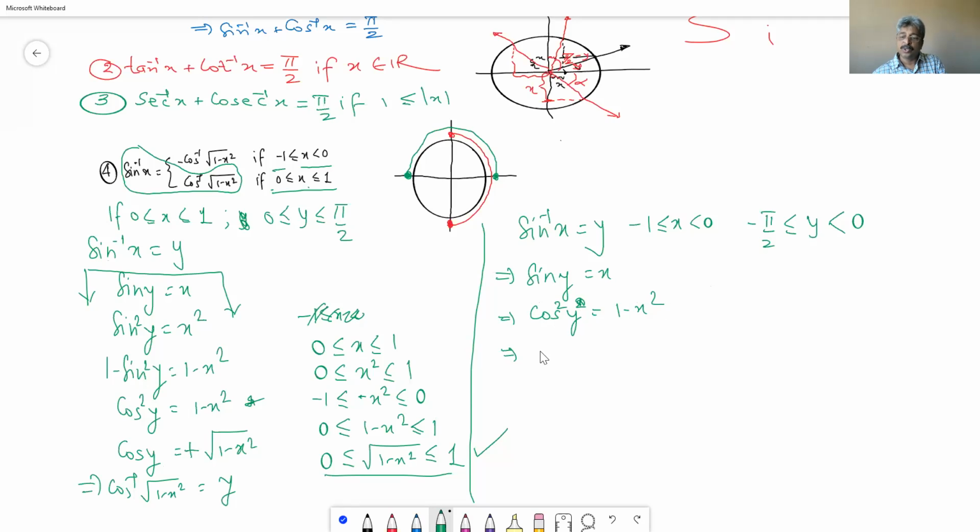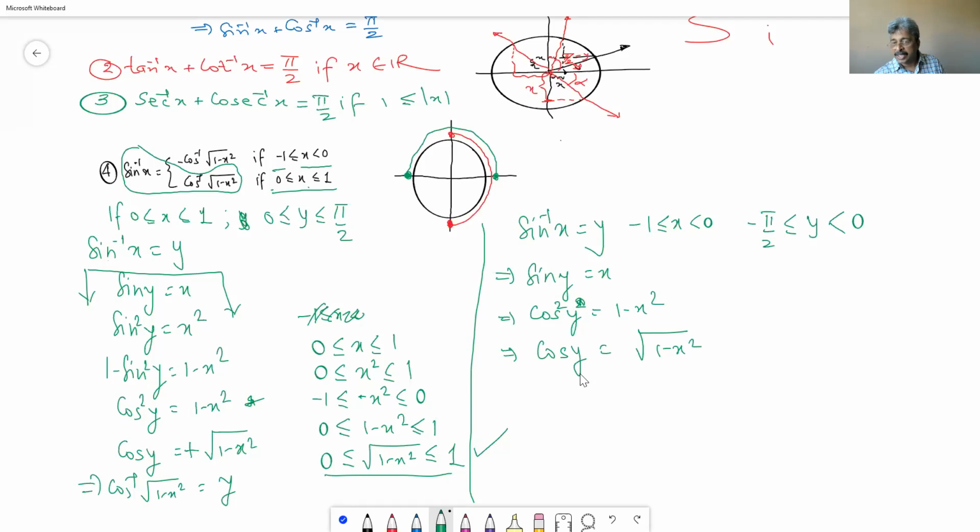Now if I wish to take cos y, square root of this quantity 1 minus x square. So now our y is between minus pi by 2 to 0. Y is between minus pi by 2 to 0 here. Is that right? And this angle is not available when you take cos inverse.